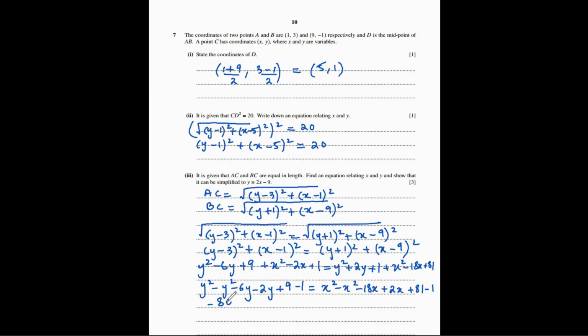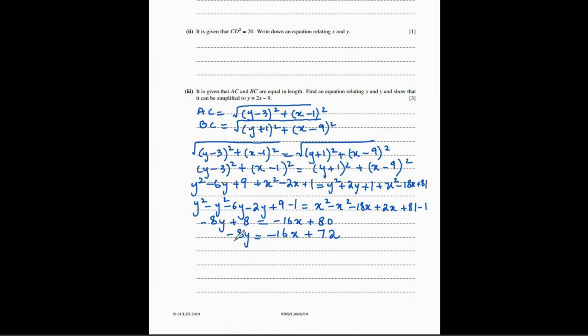Negative 8y plus 8 equals negative 16x plus 80. Negative 8y equals negative 16x plus 72. Divide both sides by negative 8. That's going to be y equals 2x minus 9. Exactly the same as the equation given in the question.